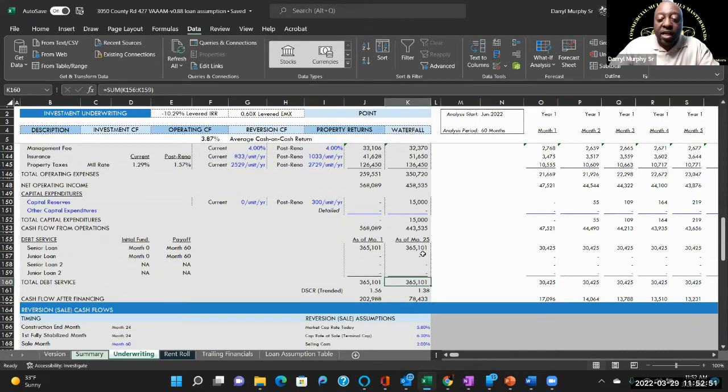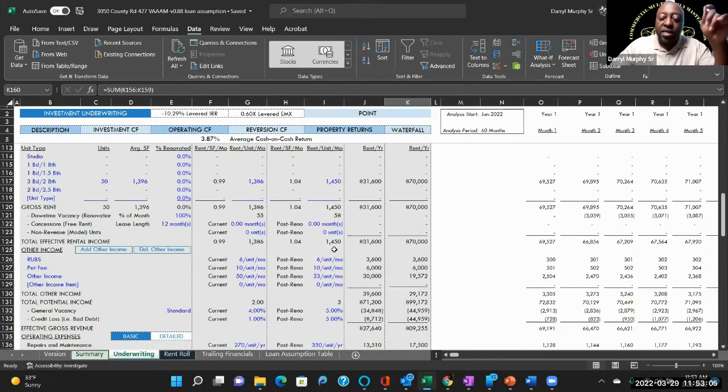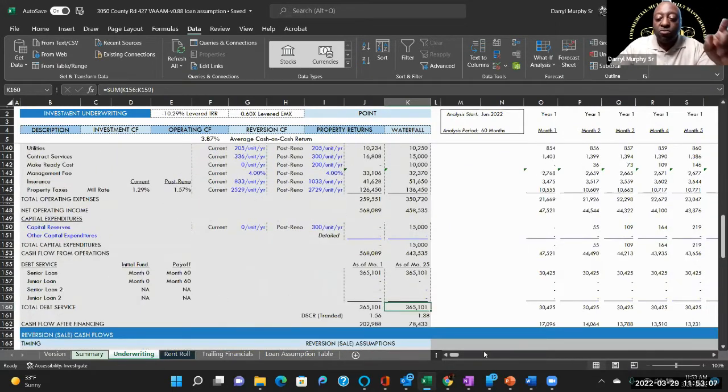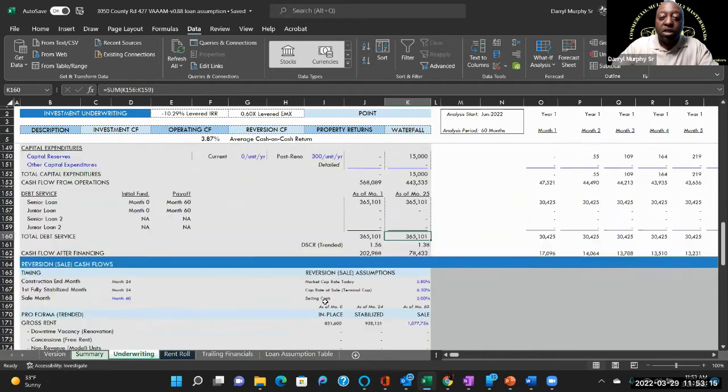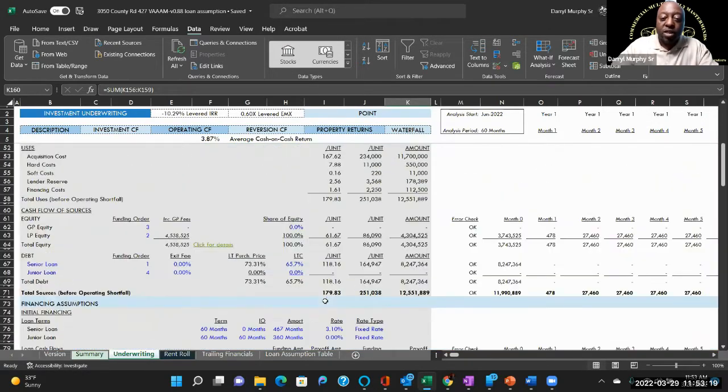Now, let's say this came in at 366,110, all you need to do is adjust your interest rate slightly so that this will equal your mortgage payment. And those are the steps in underwriting a loan assumption, okay?